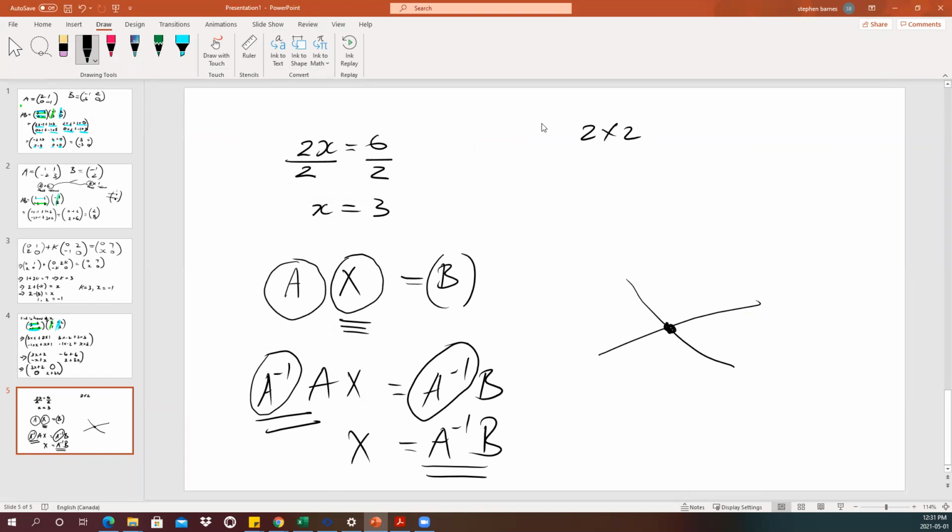A inverse is a 2 by 2 matrix. B is a 2 by 1 matrix.